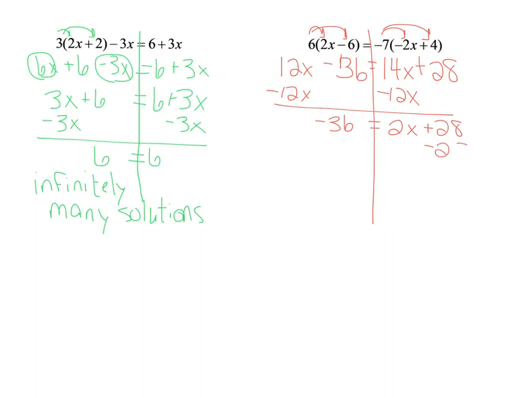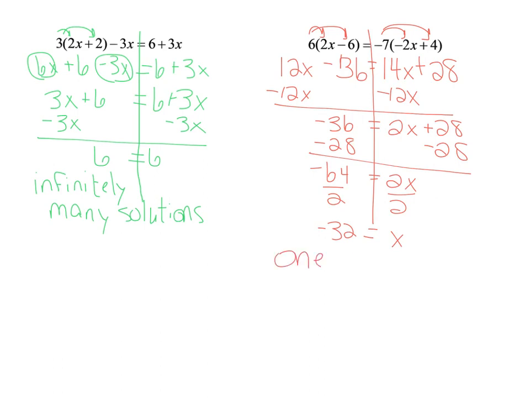I'm going to subtract 28 from both sides. And I get 2x equals negative 64. Divide both sides by 2, and x equals negative 32. Did I get an answer? How many answers did I get? 1. This has one solution because we found a value of x that will make the equation true.